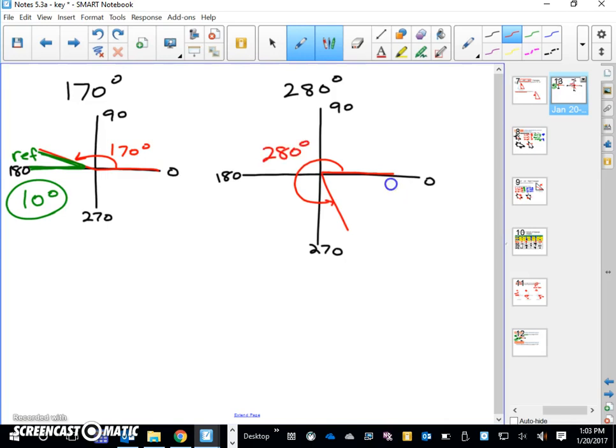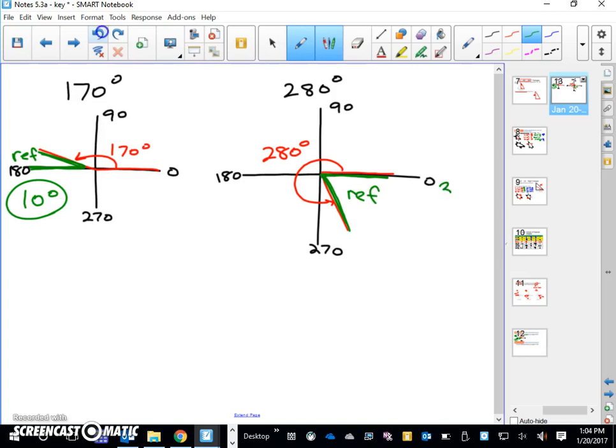Sometimes people will mess up and do this. That's not the reference angle, because that's not an angle made with the x-axis. Be careful. I'm making an angle with the x-axis. The question is always, how far away from that x-axis am I?